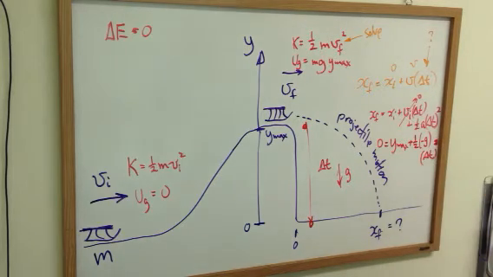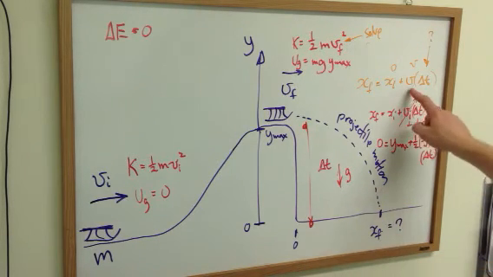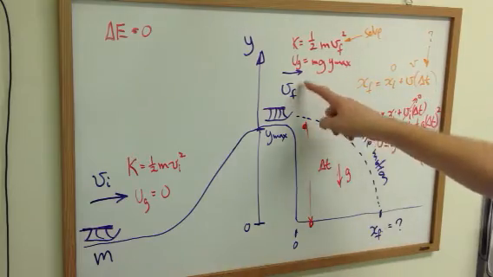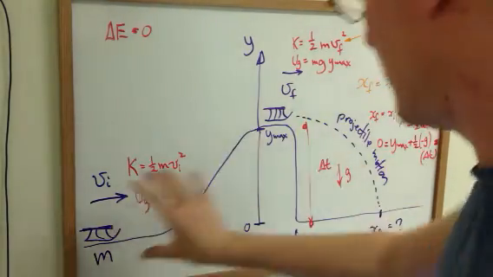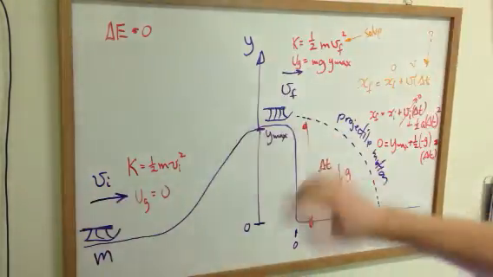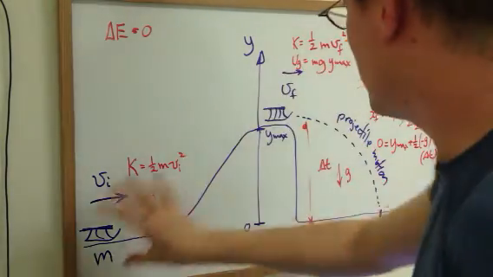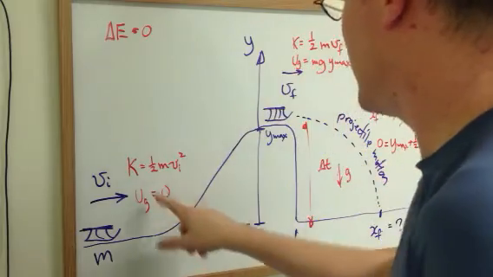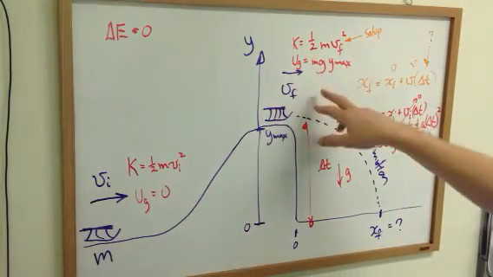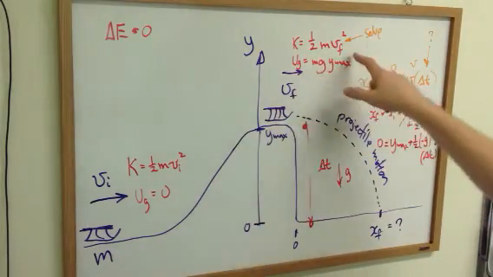So the question is how far? To answer it, you have to know how fast you're going at the top. We figured that out using energy. Actually there's no change in total energy, but there's a kinetic energy change and a gravitational potential energy change.